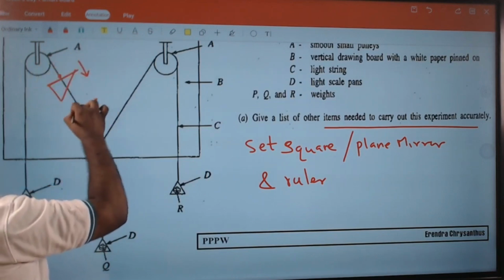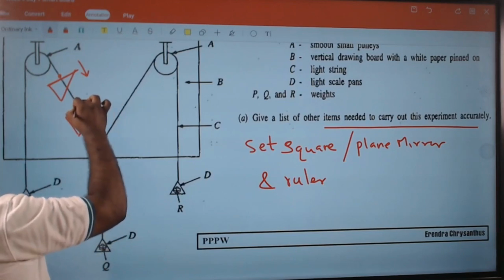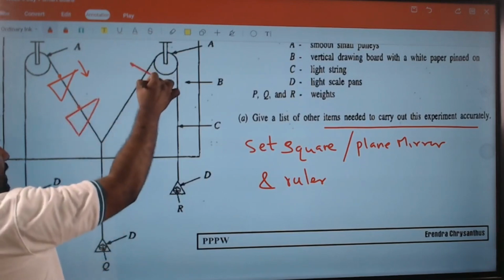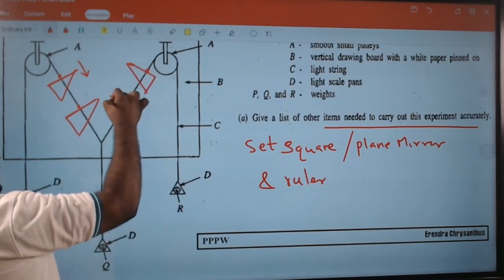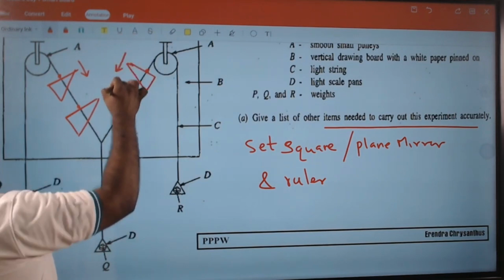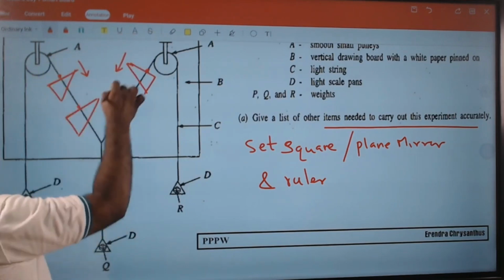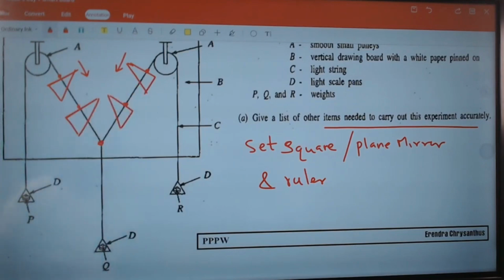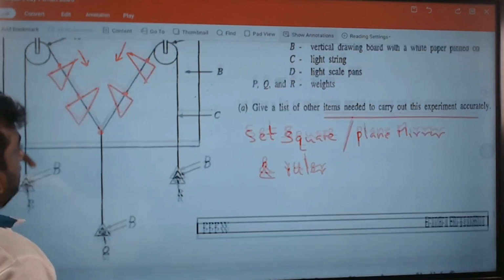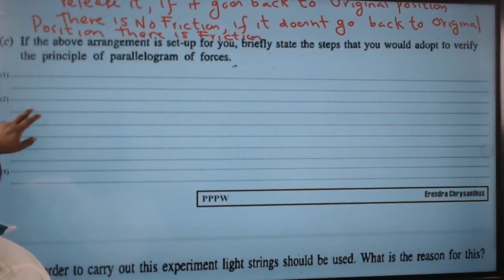Move the set square along the string, mark another point. Repeat the same procedure for the other string as well. And where all the string segments meet, mark a point as well.